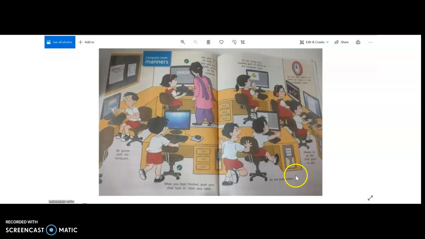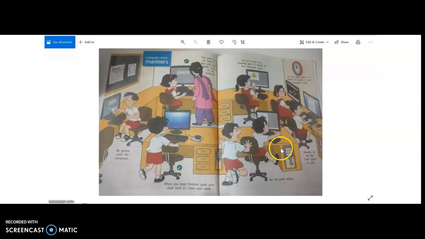Next, children, the most important point. Do not push each other. Your teachers will always say, right? Don't push, children. Be calm. In the same way, don't push each other even in the computer lab.